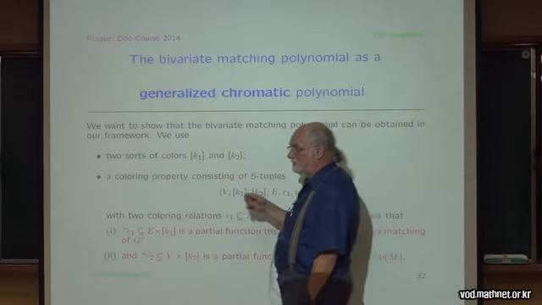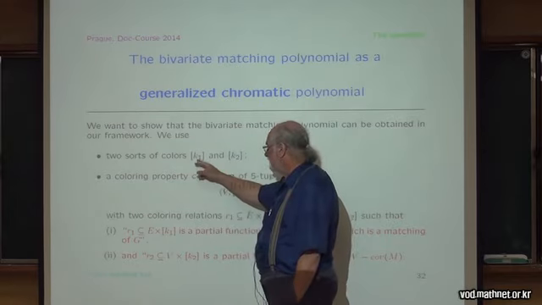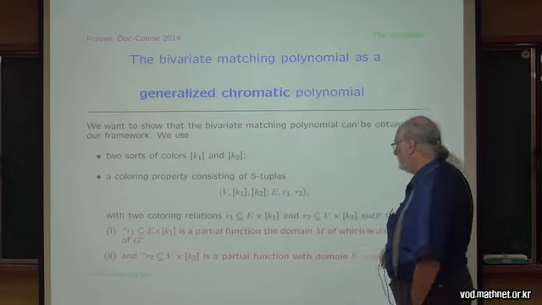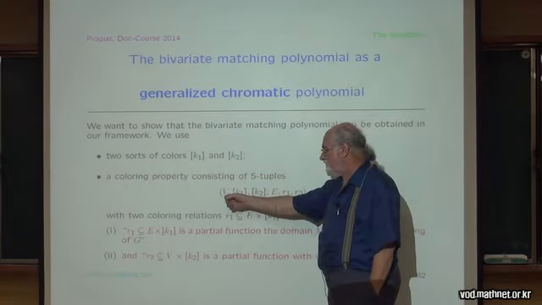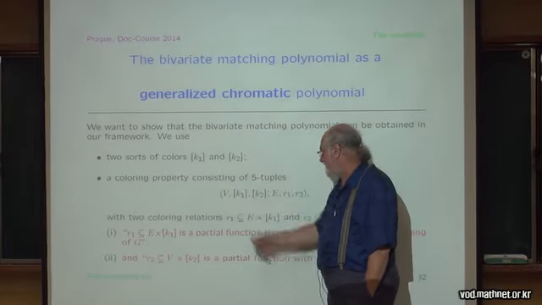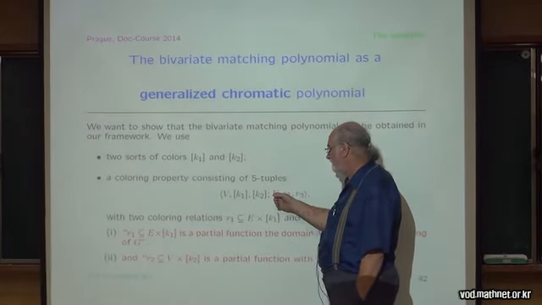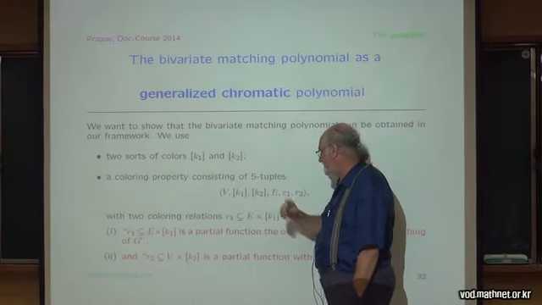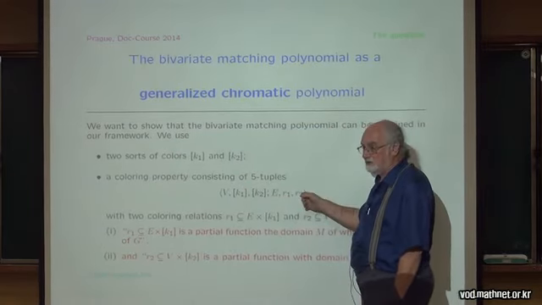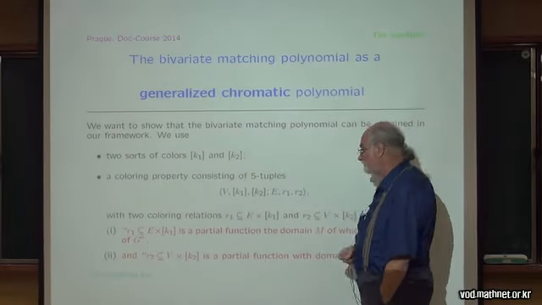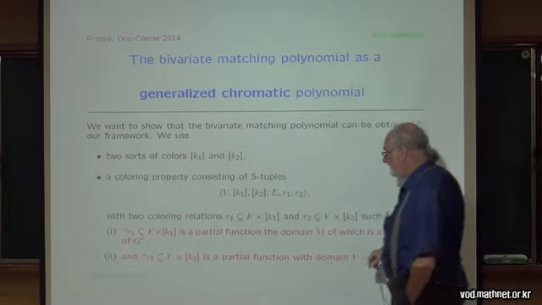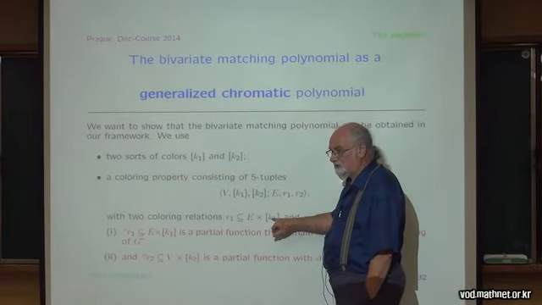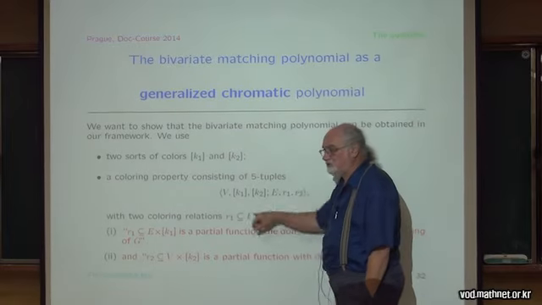So we have two sorts of colors, which will play the role of the variables, the K1 colors and the K2 colors. And the coloring property consists of a 5-tuple, where you have the vertices of the graph, the edge relation of the graph, the two naked sets for the colors of the first type and the second type, and two coloring relations, R1 and R2. So R1 is a subset of edges times colors, which happens to be a function, but anyhow.